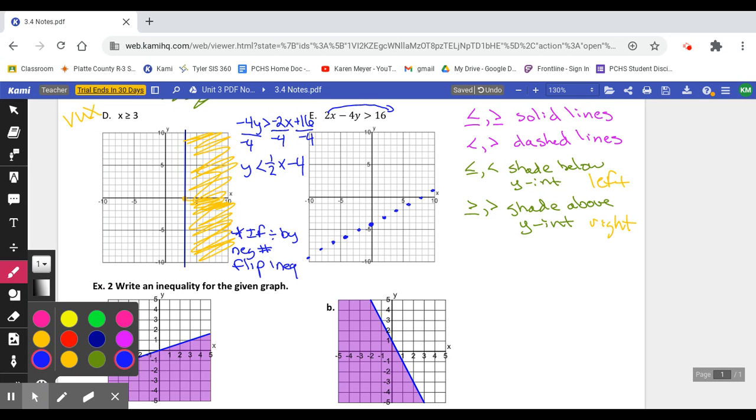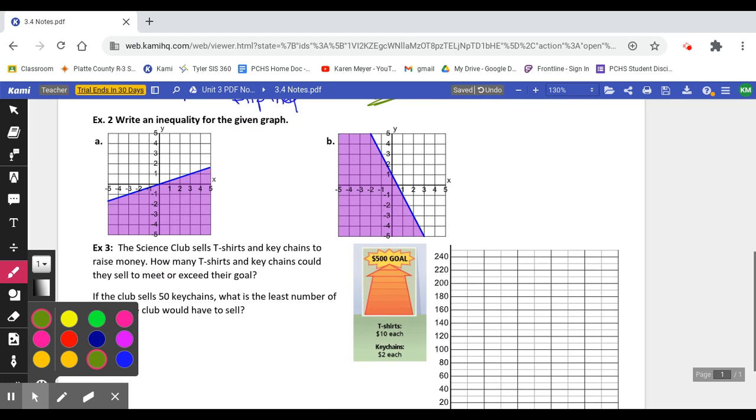Okay, this one does not have the or equals to, so this has got to be a dashed line. So here's my dashed line. And put your pencil on the y-intercept. Now remember, we switched it to less than. So less than is when you go down. So you should be shading this bottom part.